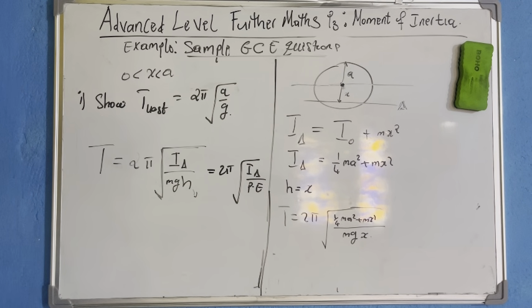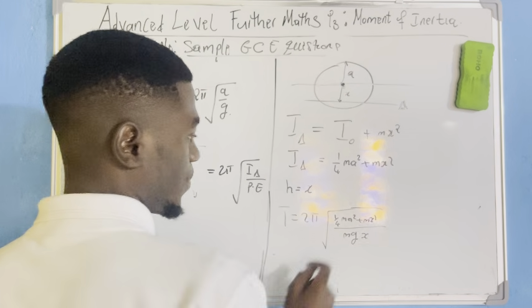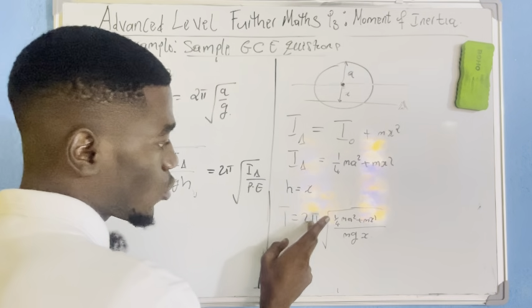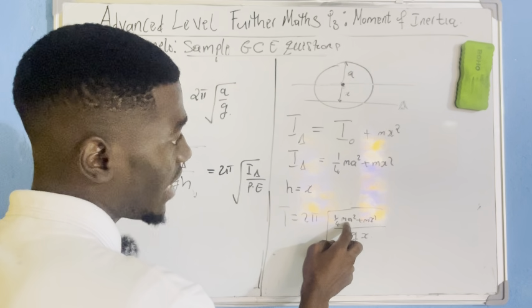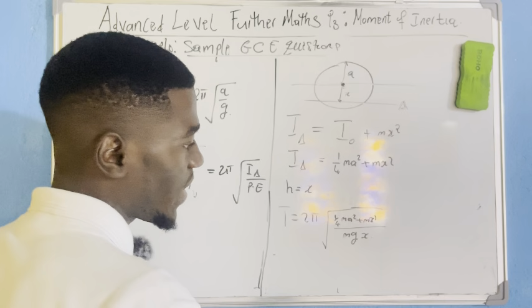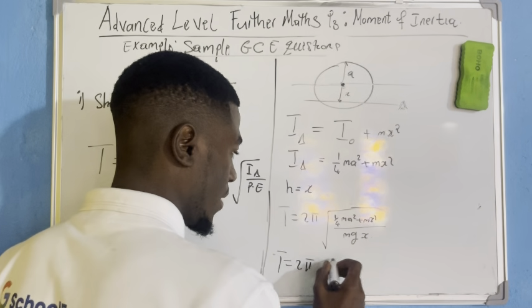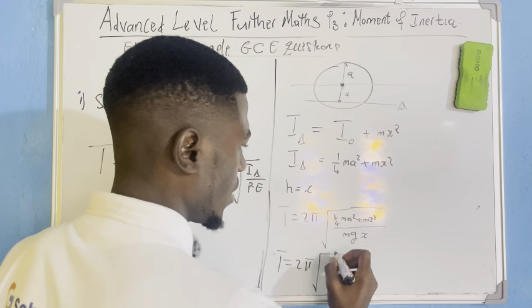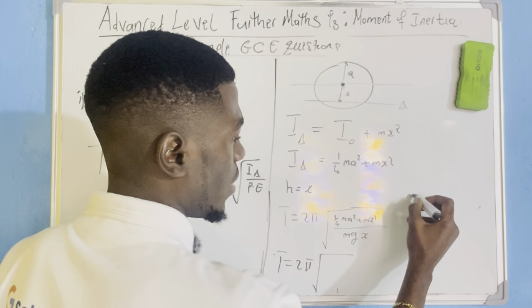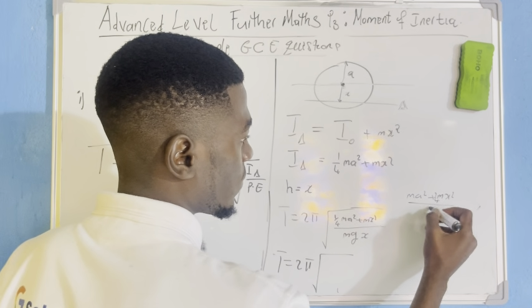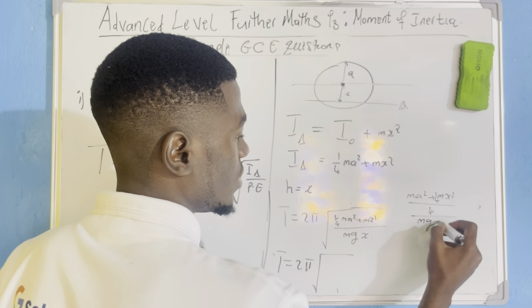the axis delta. Then the next question, we are asked to calculate the least period. It means that we want the least value of this. Now, as you can see, T depends on what? 2 pi is a constant, a is the radius, a constant. So it depends mainly on x. Let me write it like this. I'll have 2 pi square root of, taking the LCM here, (ma square plus 4 mx square) all over 4, then divided by mgx.